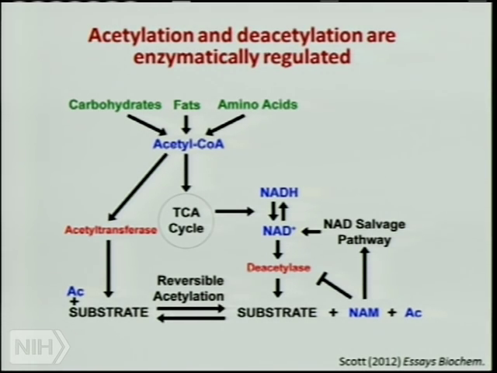With respect to the regulation of acetylation and deacetylation, there could be some non-enzymatic processing, but there's also an active enzyme system, and acetyltransferases acetylate substrate proteins on lysine residues, and deacetylases are NAD dependent when they deacetylate proteins to produce a deacetylated substrate plus nicotinamide and the acetyl group. And nicotinamide, interestingly, inhibits this deacetylase enzyme.